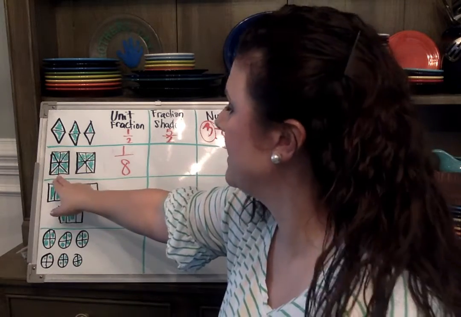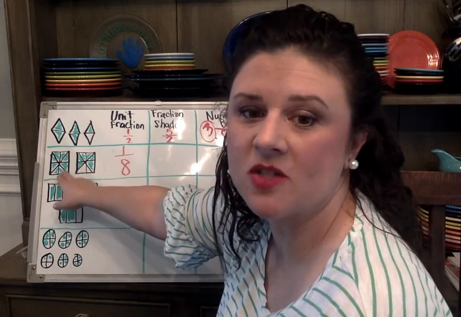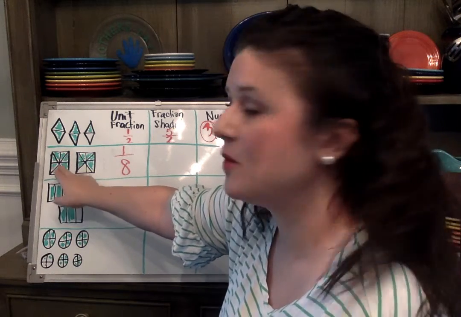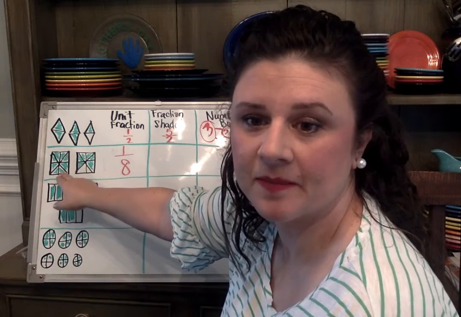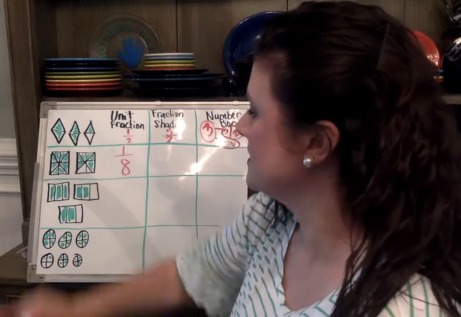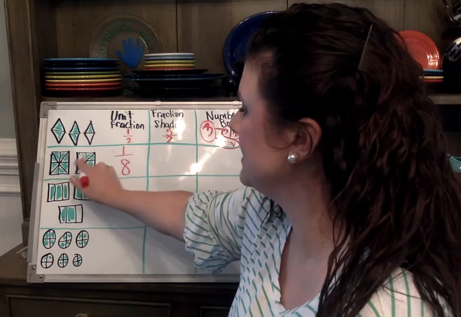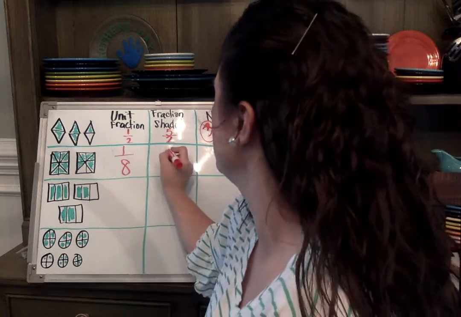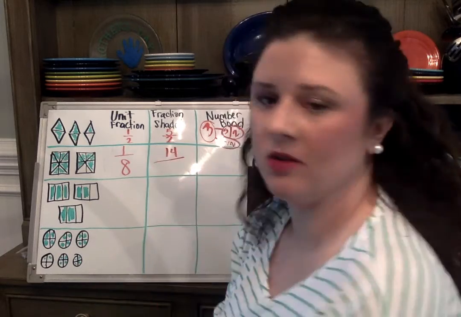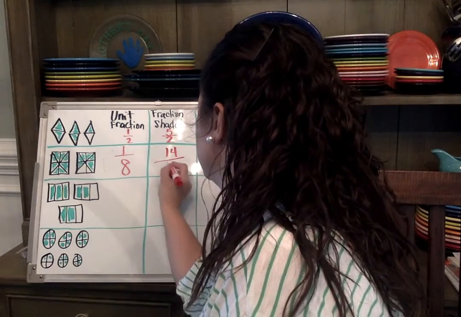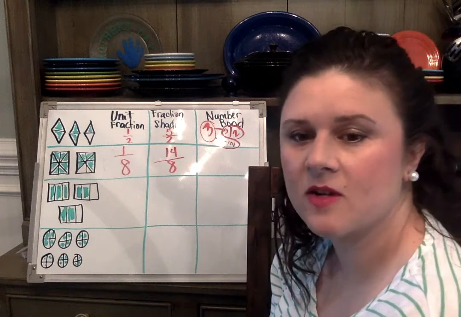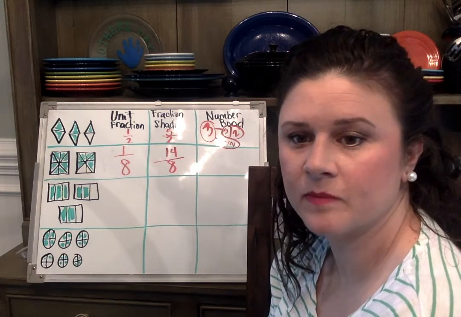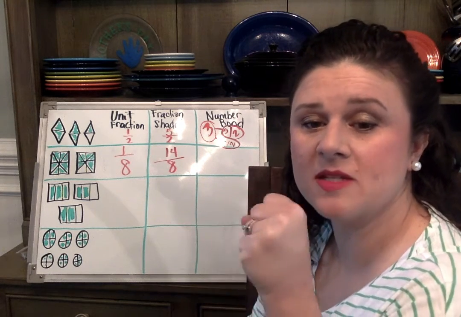If this shape's divided into eighths and every piece is shaded, that would be how many pieces? 8 pieces. So we have 8, 9, 10, 11, 12, 13, 14. So 14, remember my unit fraction is eighths. 14 eighths are shaded.